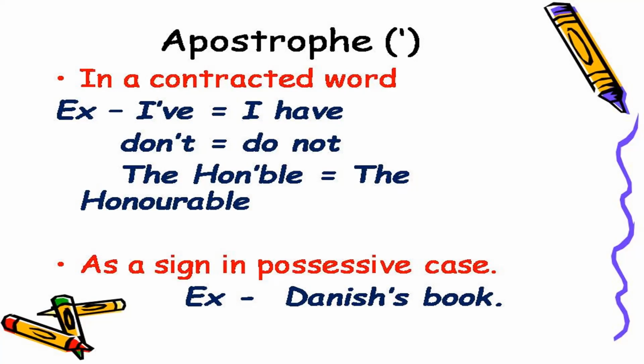It is like a comma on top. As a sign in possessive case. Possessive case means when you are showing belongings: the child's bag, the woman's bag, the children's school, the boy's book. So whenever we are talking about some belonging, we use the apostrophe in those cases.